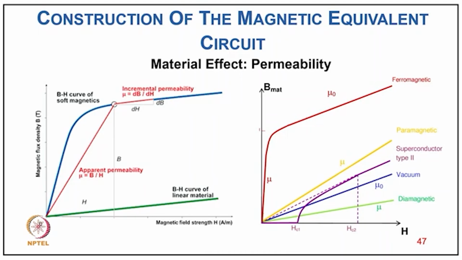Here we have the typical B versus H for ferromagnetic material, paramagnetic material, superconductor and vacuum, and diamagnetic material. Some are non-linear, especially the superconductor and the ferromagnetic, but paramagnetic, diamagnetic and vacuum have linear characteristics. But of course, you require large excitation, even for the vacuum.